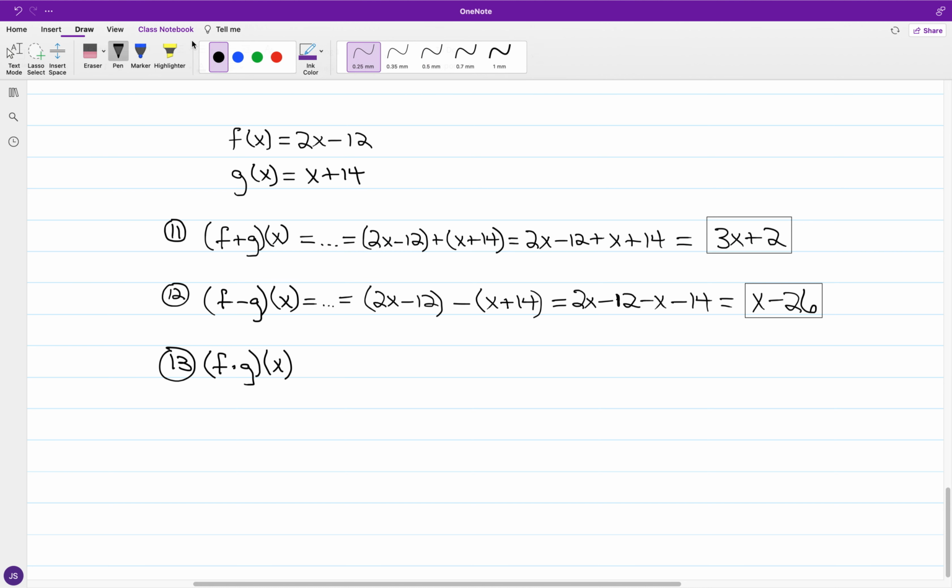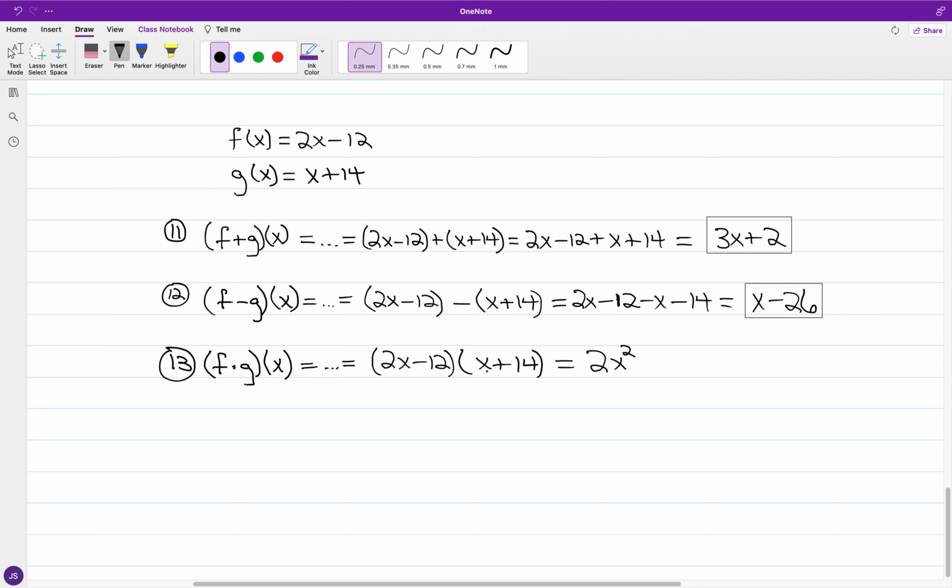And for the product function, f times g of x, so we'll be looking at f of x times g of x. So f of x we have at 2x minus 12. And g of x we have x plus 14. And multiplying out, so we got 2x times x becomes 2x squared.